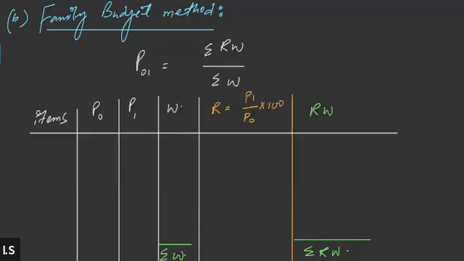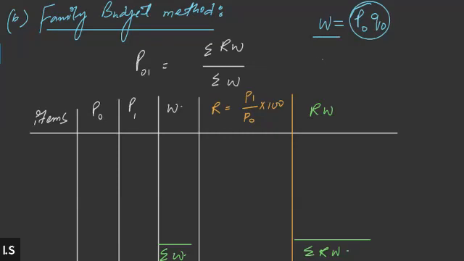So just remember this, keep in mind, and always do the same thing, that whenever weight is missing, then we will calculate the weight by multiplying base year price with the base year quantity. When you multiply P0 and Q0, you will get the value of the weight.